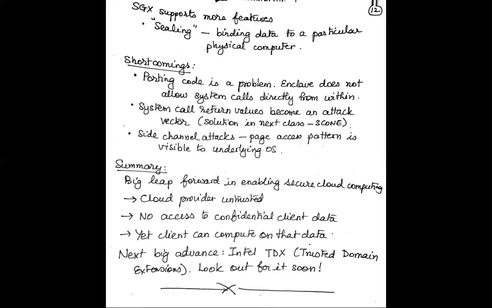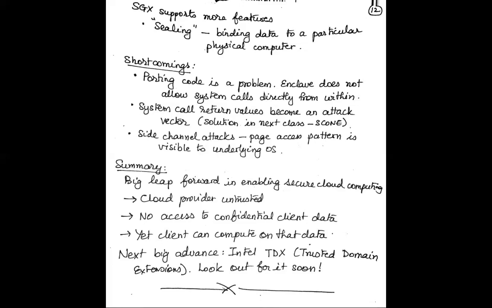And Intel has responded by coming up with the next generation of technology. That technology is called TDX, or Intel Trusted Domain Extensions. The white paper is available. The hardware is going to be released soon. As of today, which is December 2020, this hardware is not yet publicly available.